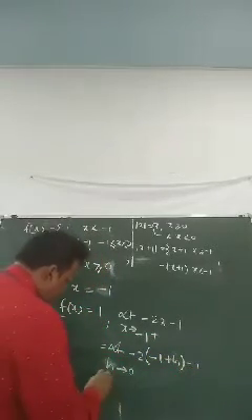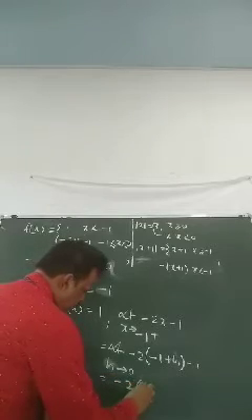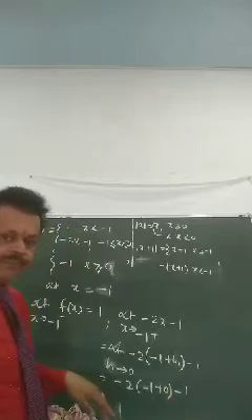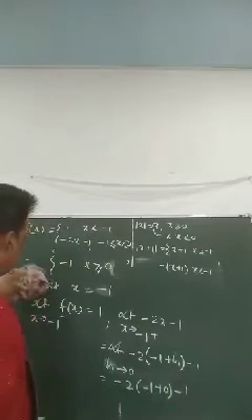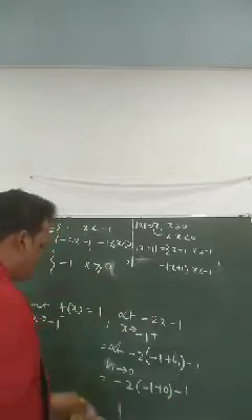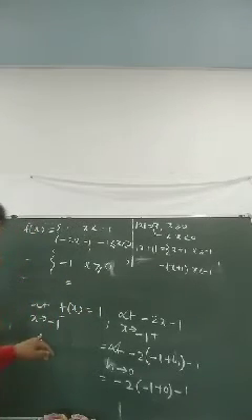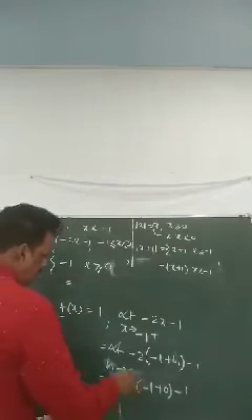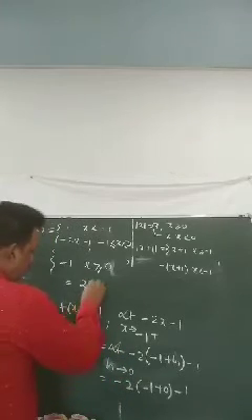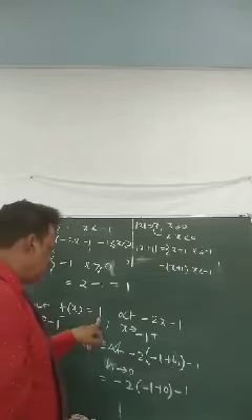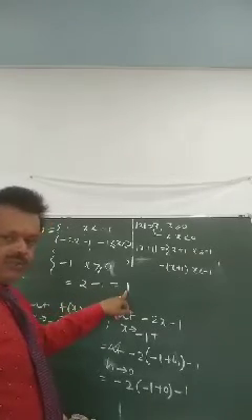So how much you got? -2(-1 plus 0) minus 1, that is plus 2 minus 1, which is 1. Means left hand limit is 1, right hand limit is also 1.